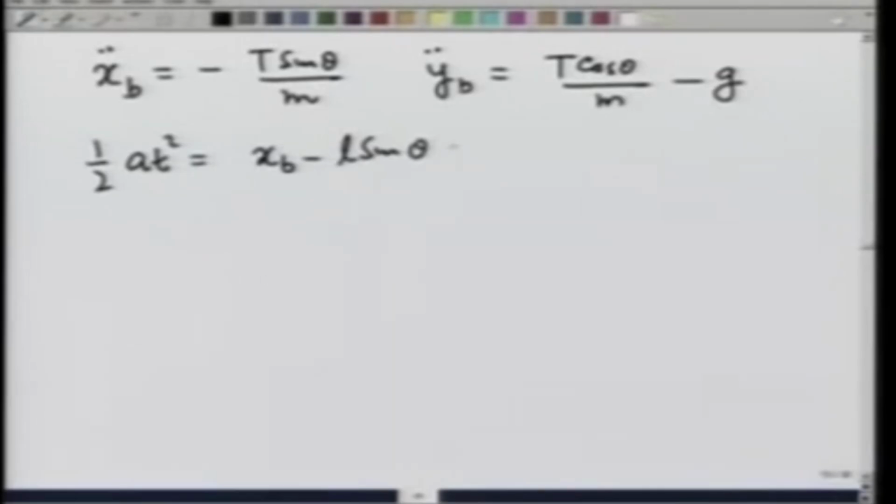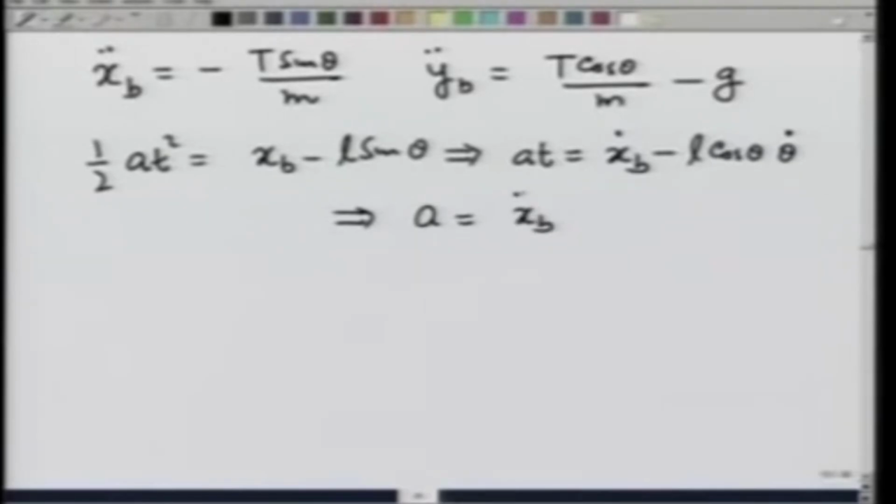If I differentiate this once, it gives me a t equals x b dot minus L cosine of theta, theta dot. If I differentiate it once more, it gives me a equals x b double dot plus L sine theta, theta dot square minus L cosine of theta, theta double dot.